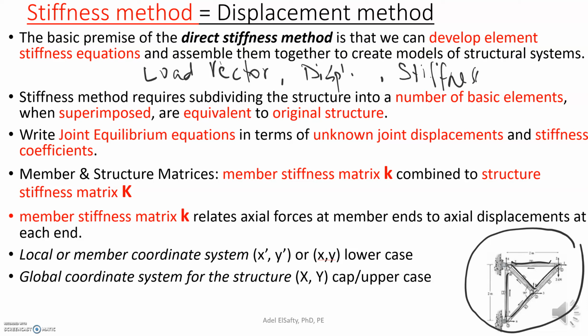How can we do that? The stiffness method requires subdividing the structure into a number of basic elements. In this case, here is one element, second, third, fourth, fifth, and you can even divide that into smaller pieces if you wish, and do the superposition in order for you to assemble the total or the global stiffness matrix of the structure.